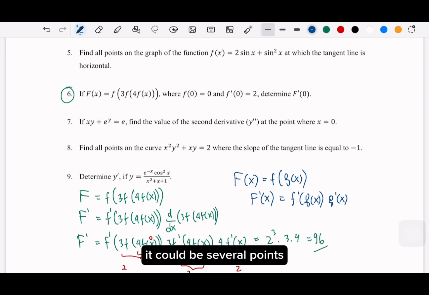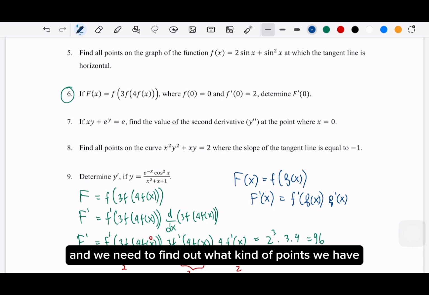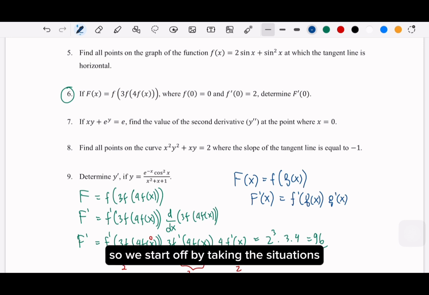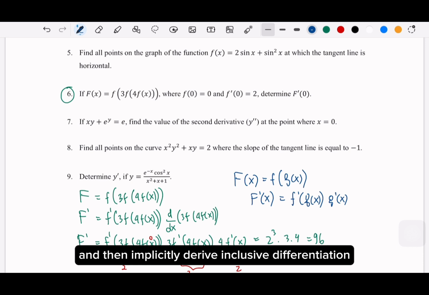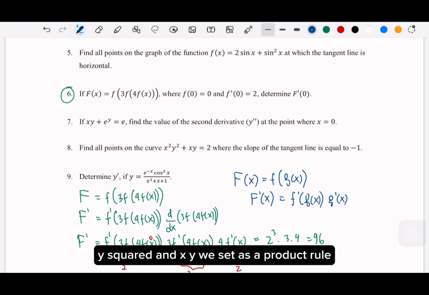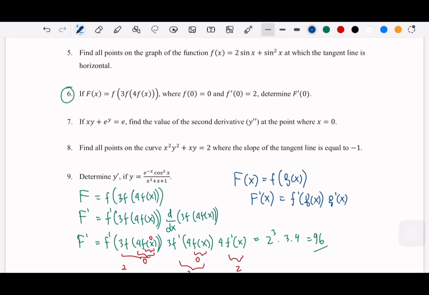It could be several points, and we need to find out what kind of points we have. So we start by taking this equation and differentiating implicitly. We treat x squared, y squared, and xy as product rules.